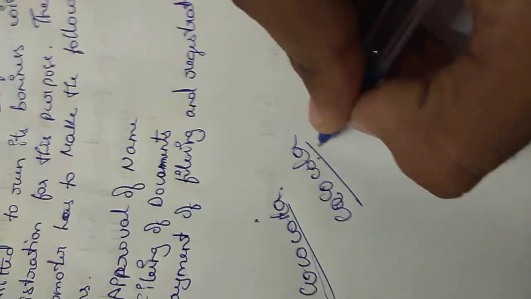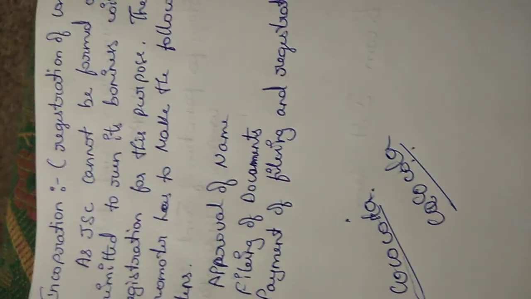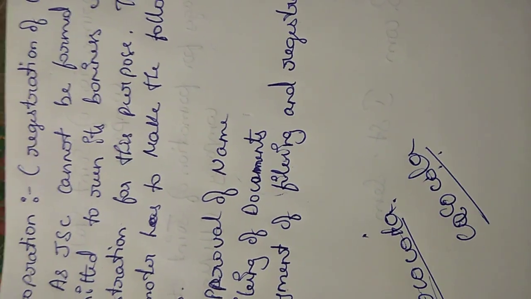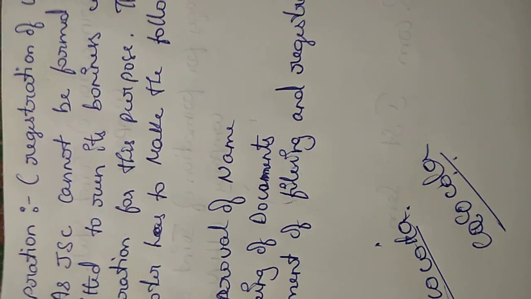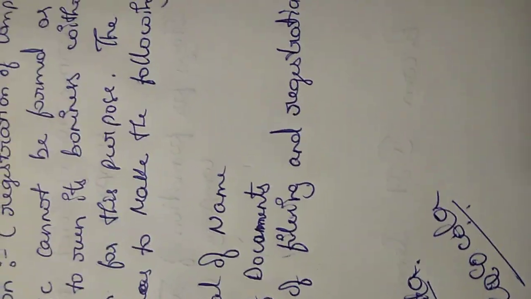So we cannot take a similar name of the company. A unique name is required for approval of name. The name must include Limited or Private Limited at the end.